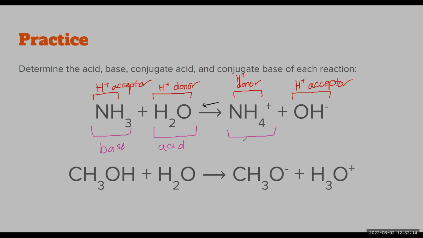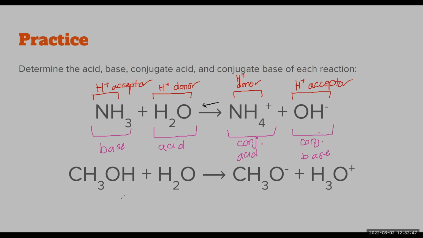And because it is the product that is formed after, we indicate this is the conjugate acid. And because OH- accepted the proton, it has functioned as the base. Because it is formed in a product, we show it is the conjugate base.